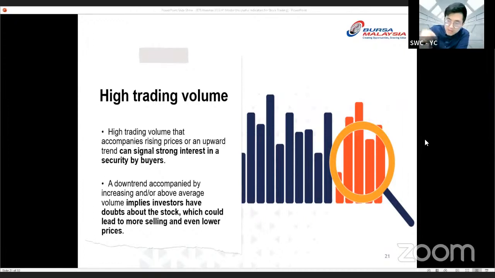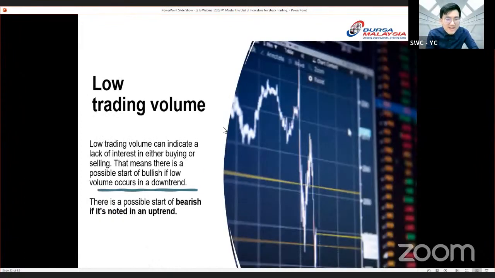When it goes down, the volume goes higher, meaning more people sell. Maybe you can see CFM, one of the examples. It breaks down already. People think, oh, cheap, then it breaks down again. People think cheaper, then it breaks down again. Wow, it breaks until you cannot believe how come they have so many stocks to sell. So that is the high trading volume case.